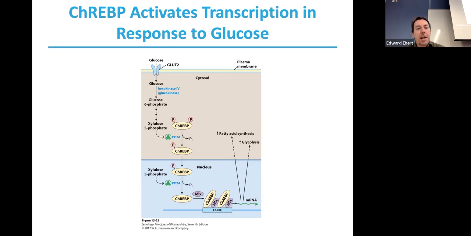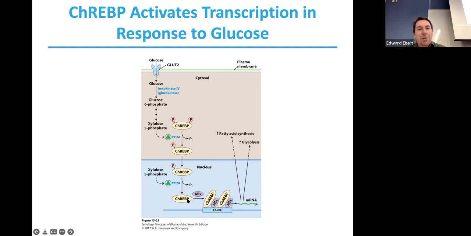regulatory protein. As it gets dephosphorylated, notice it takes off one phosphate but not the other. One phosphate removal sends it to the nucleus, where we have another isozyme of PP2A, which will take off the other phosphate. It then interacts with another protein, I think it's the MLX protein.